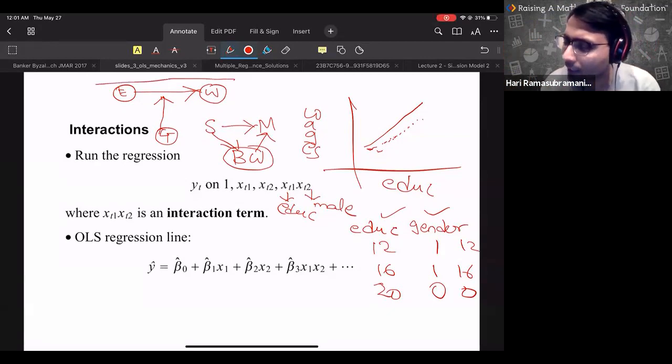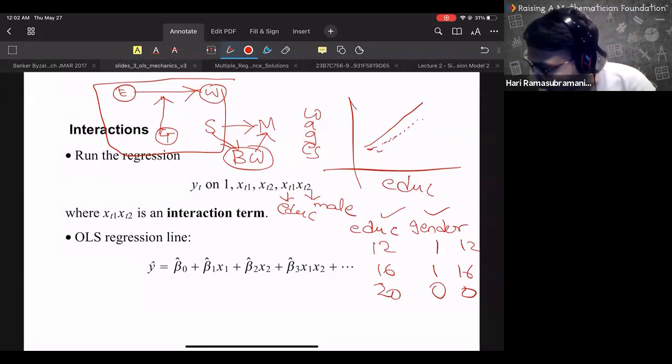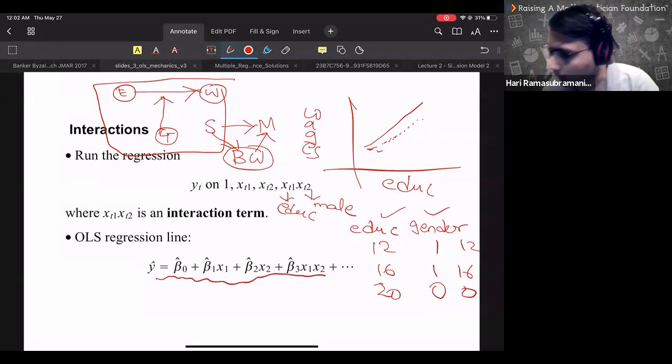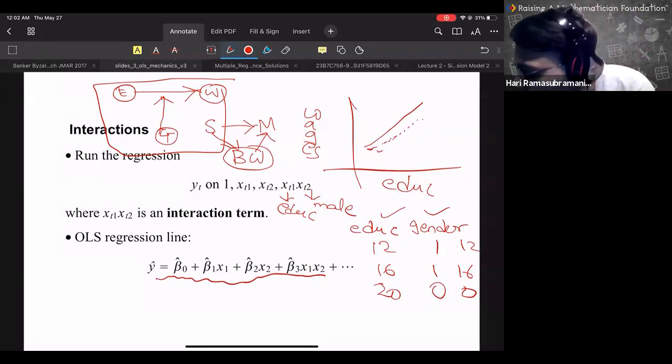Whereas in this diagram, what we are saying is that the slope of education on wages is impacted by the gender. Okay. So what is happening here? Just try and understand how to analyze this. What is beta 1 hat telling you? Beta 1 hat is telling you the effect of changing x1 by 1 additional year when x2 is 0.